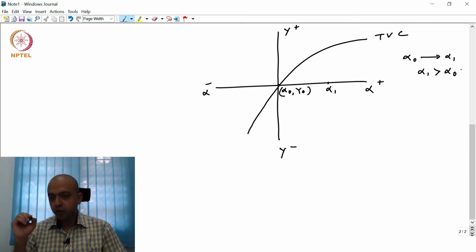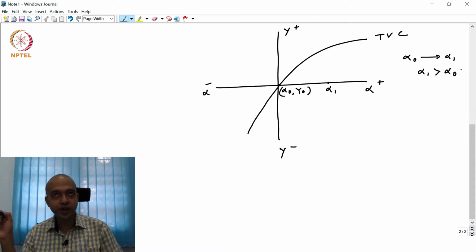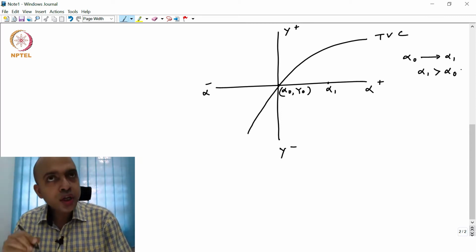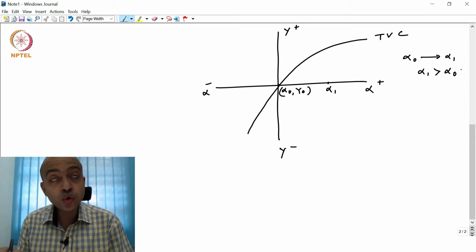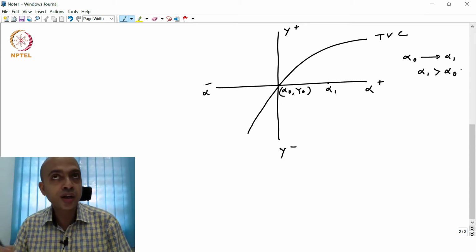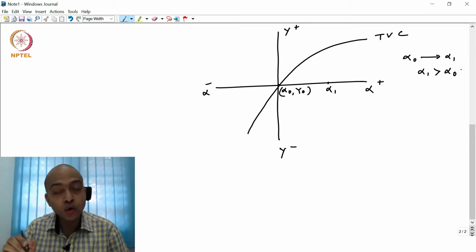Obviously when alpha 1 is greater than alpha 0, for a positive improvement in environmental quality, the individual's utility will go up. So for this much change in environmental quality, what would be the amount that the individual would like to pay? How will you determine that?